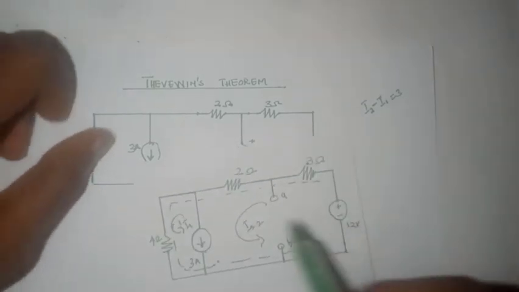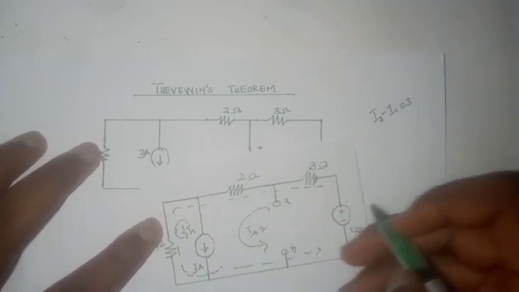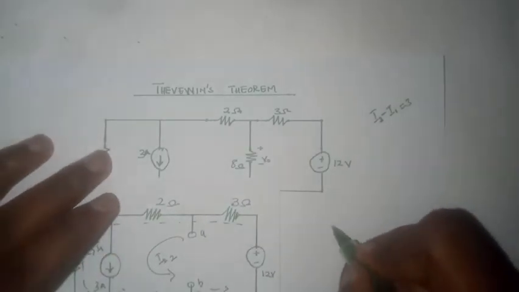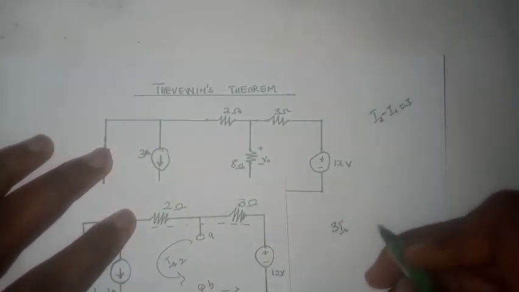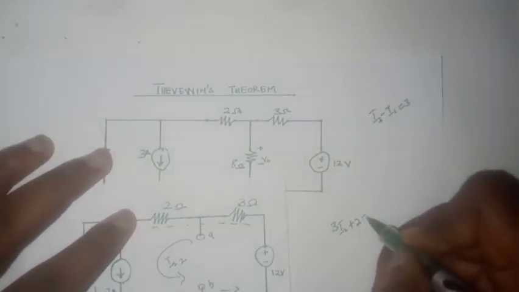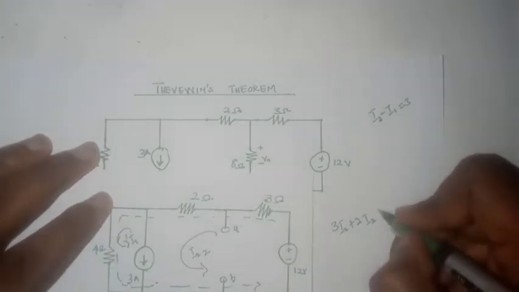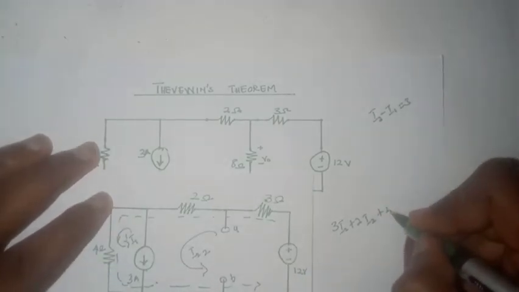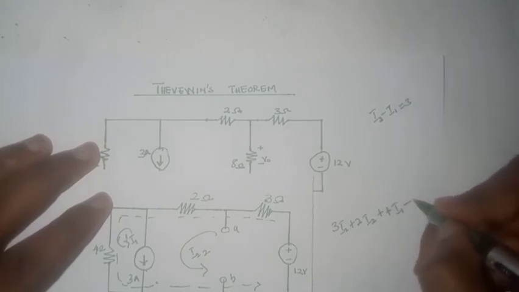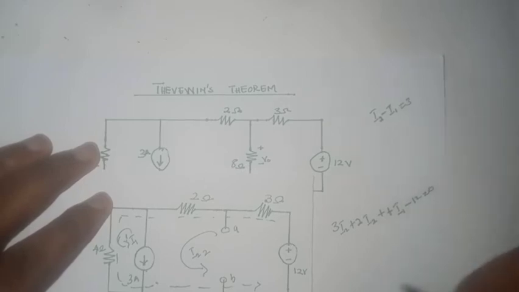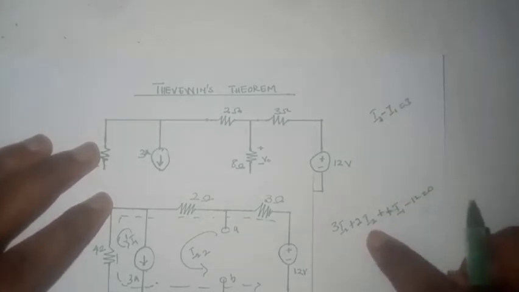And doing that, so this mesh has I2, we would have 3I2 plus 2I2 plus 4I1 minus 12 equals 0.